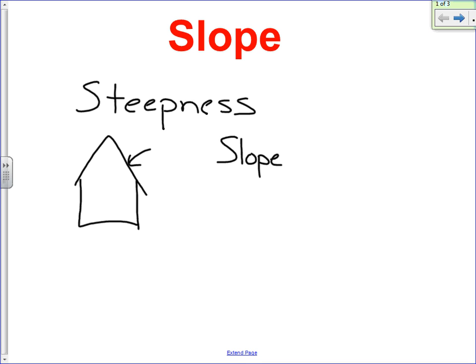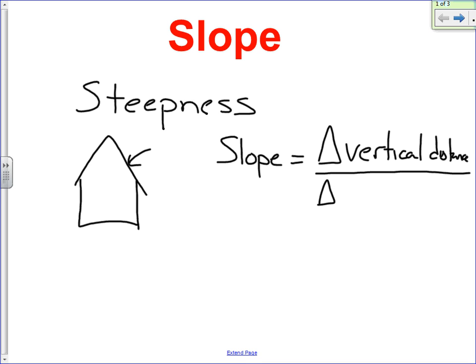So the slope of a slant is equal to the change in vertical distance divided by the change in horizontal distance.